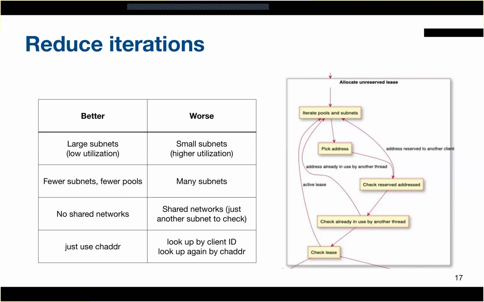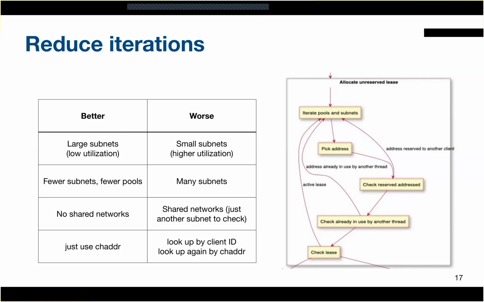Also, if you are doing reservations, just use MAC address, or use one property and one identifier, not others. There's also a parameter in DHCPv4 that allows looking up by client ID first, and then if the lease is not found, looking again using MAC address. You can disable this and look up by MAC address only.